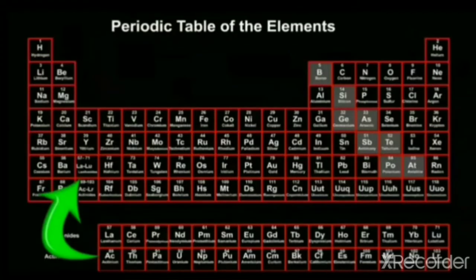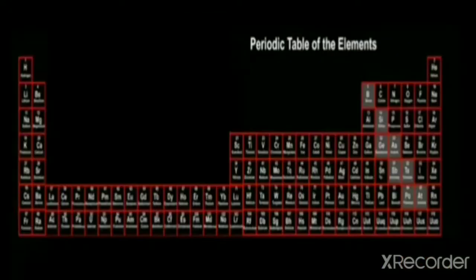If we take that group into the main portion, the table will be in this way. When you count it this way, you will get 7 periods here.